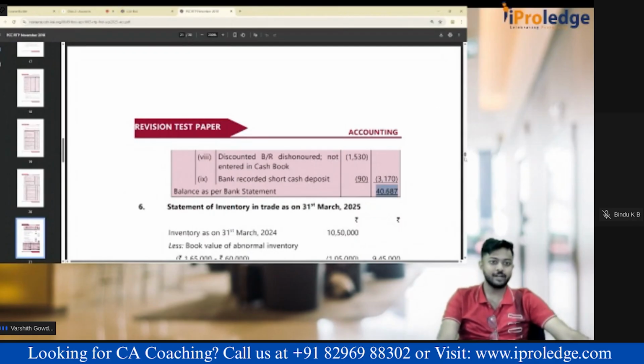I hope you know that. Correct? The difference was only 90 rupees. Any doubts?